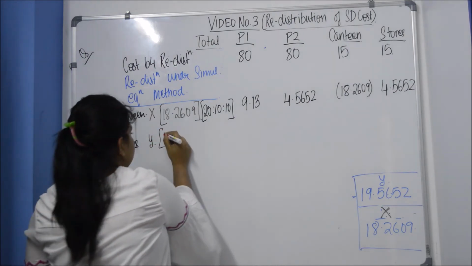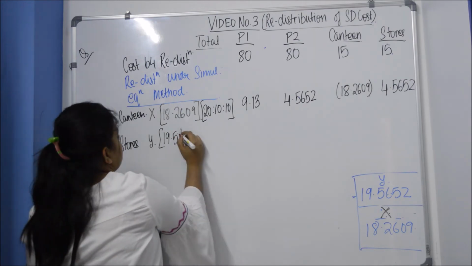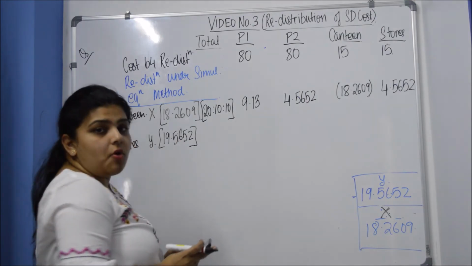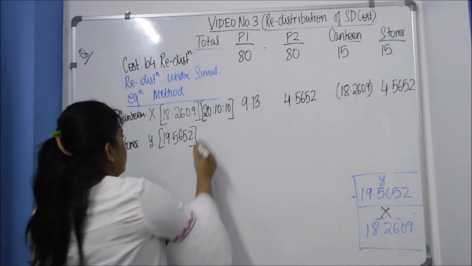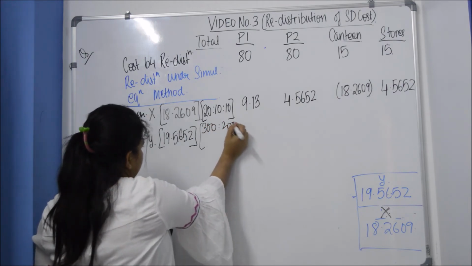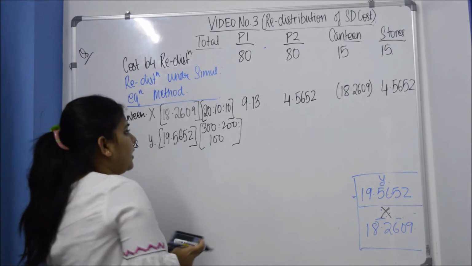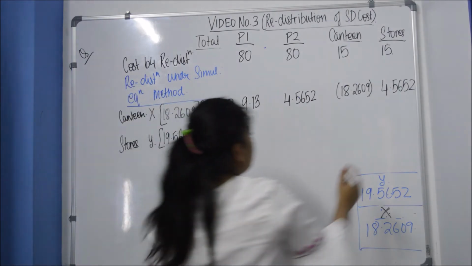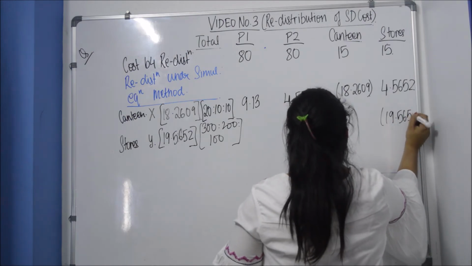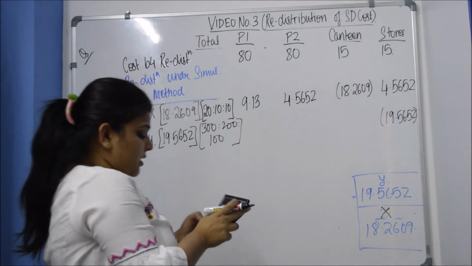Next is stores, that is y. y is 19.5652, distributed in the ratio of average inventory. Average inventory given to us was 300 units is to 200 units is to 100 units. The total cost of 19.5652 has to be distributed in this ratio.